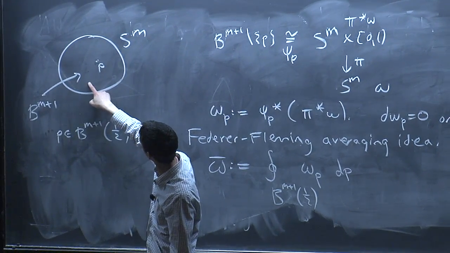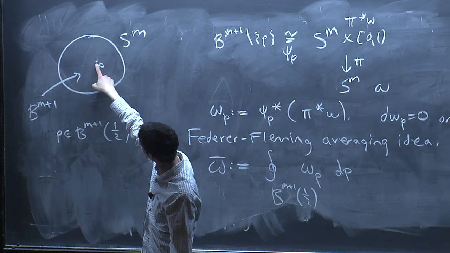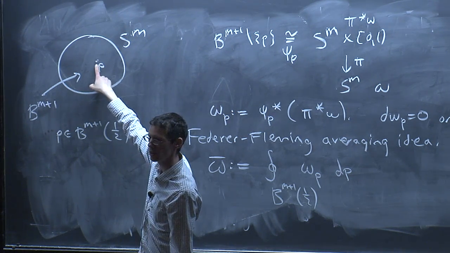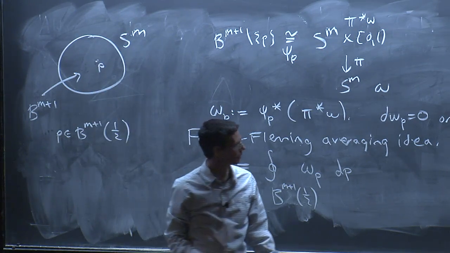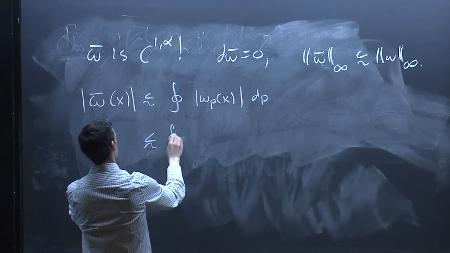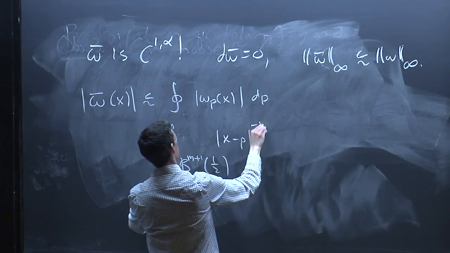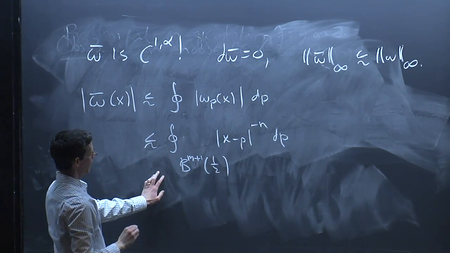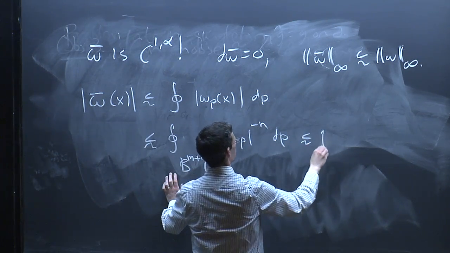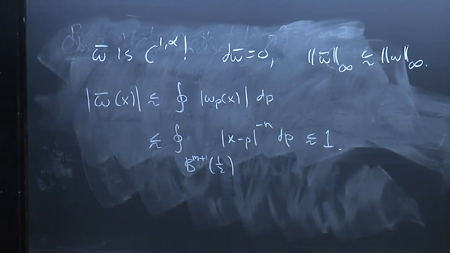So omega p is quite nice out here. And as the point x gets close to p, omega p gets big. And it's not hard to work out the rate at which it gets big, which is the distance to the bad point to the negative n. So this is bounded by the average over the (m+1) ball of |x minus p| to the negative n dp. And that's a convergent integral. So this is actually a nice bounded form. And a similar argument shows that its derivatives behave well. So it's a nice C^1 form, and it's still closed.